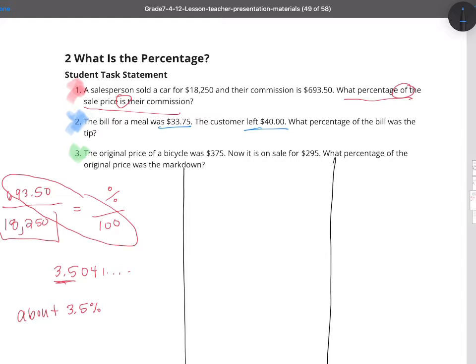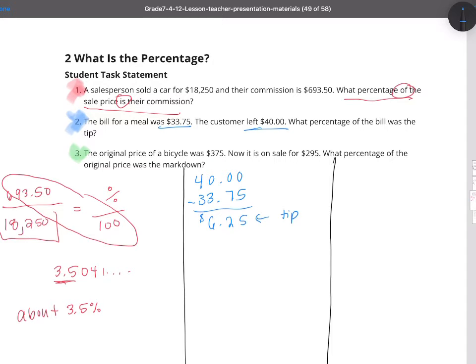So we're going to subtract $40 minus $33.75. When we subtract that, we should get, hold on just a second, I want to make sure my number's right. That's right, $6.25. This is the tip.